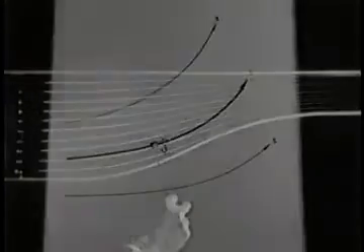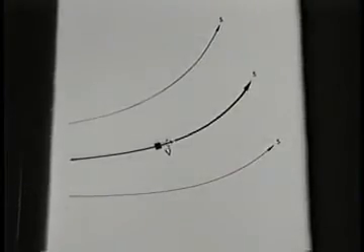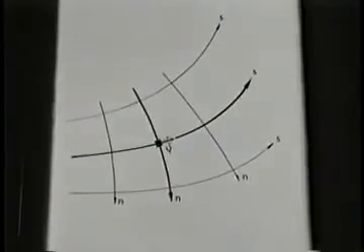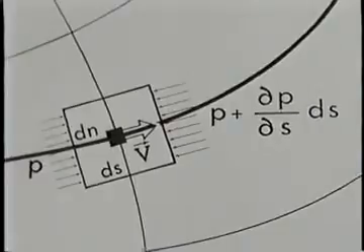For thinking physically about the problem, it is helpful to use the streamlines S and the normal trajectories N as curvilinear coordinates. First, let's look at the forces and accelerations along S for the typical fluid particle moving with speed v along S. Here is the particle enlarged.